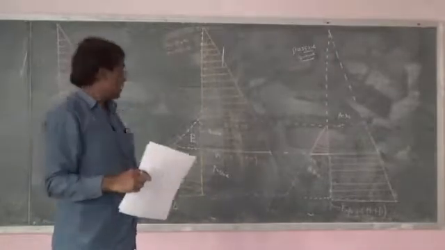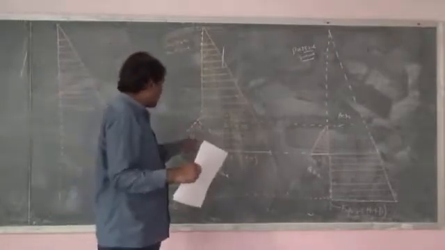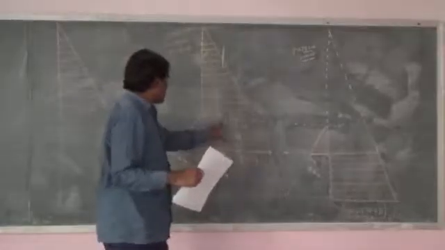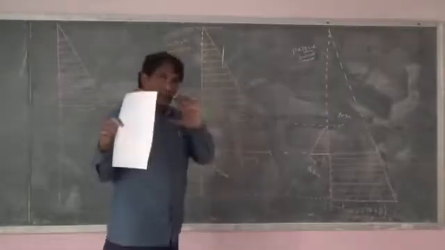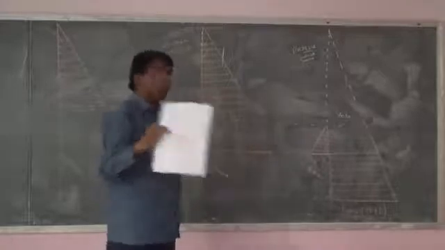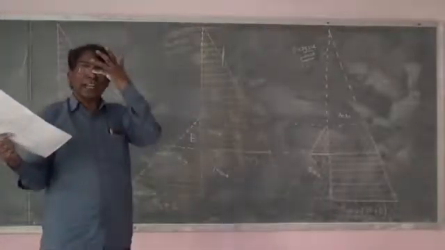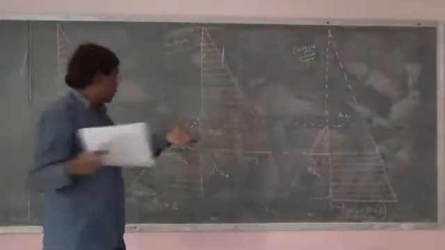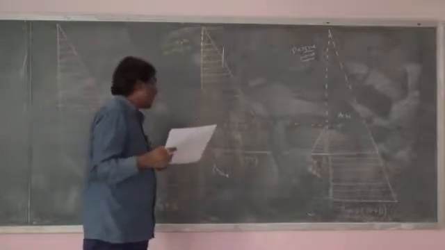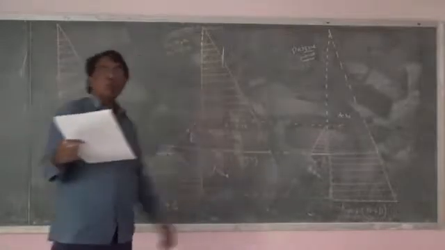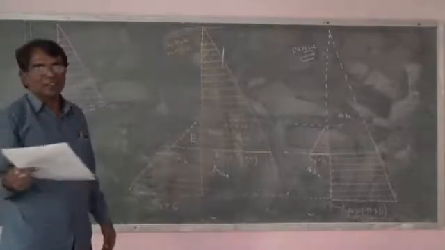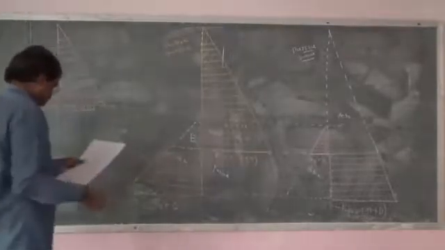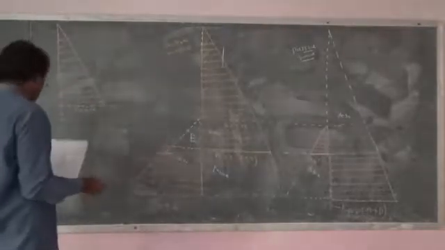But when you consider the Kp portion, as I told you, Kp is always near about 10 times more than Ka in this particular case. So here definitely passive pressure is more than active pressure.